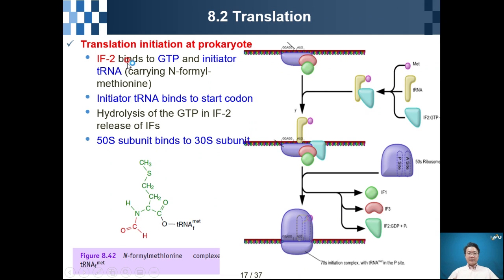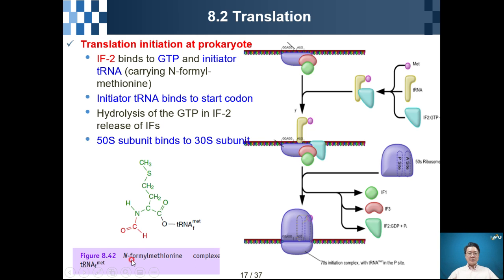After that, IF2 binds to GTP and also binds to the initiator tRNA. Initiator tRNA means a tRNA carrying N-formyl methionine. This is methionine and this is nitrogen. At the nitrogen location, a formyl group is bound, so we call it N-formyl methionine.